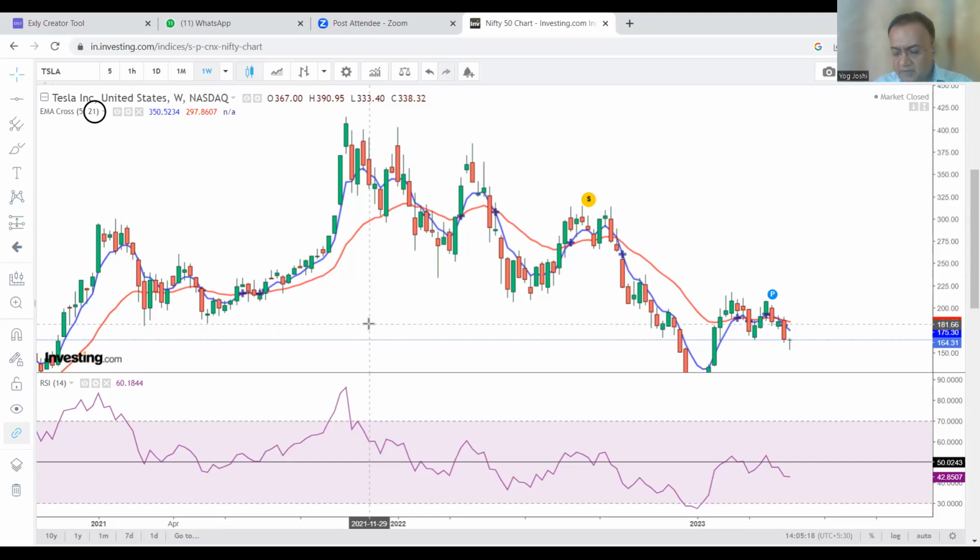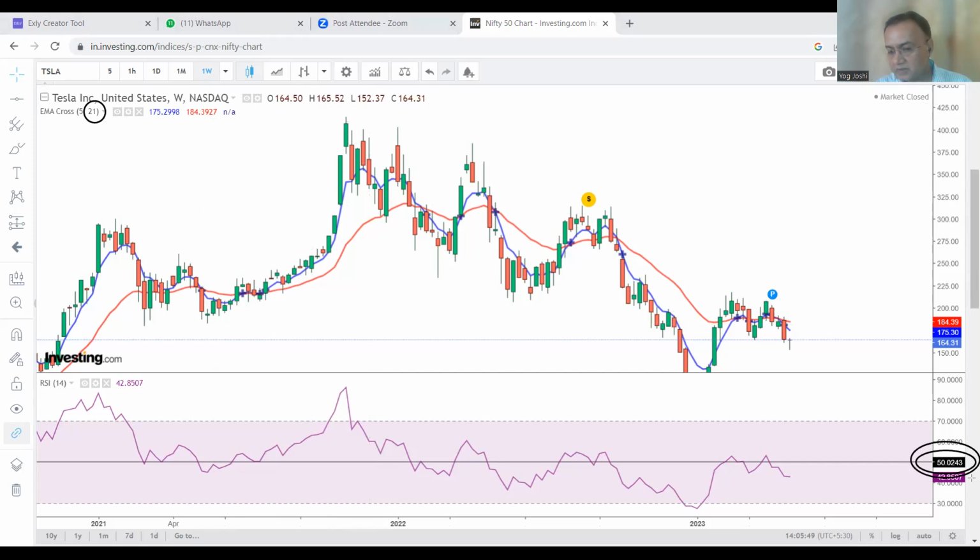So RSI is related to trend, strength is strongness, and the index is a value. Whenever you find RSI above 50, we can say it is a positive sign.